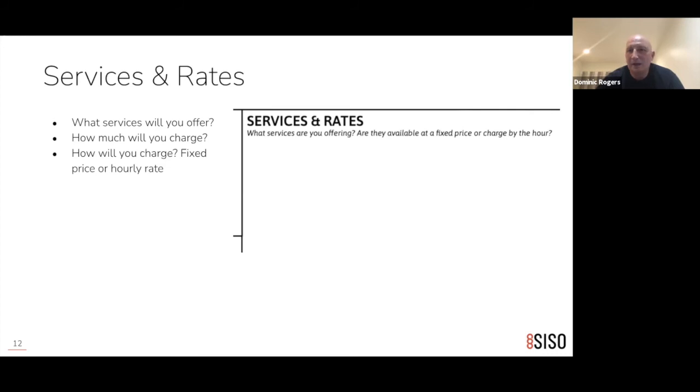But then I've got my UX design and my UX research, which I charge out at an hourly rate. The other thing to think about is, do you have different rates or the same rate? I myself have two rates.